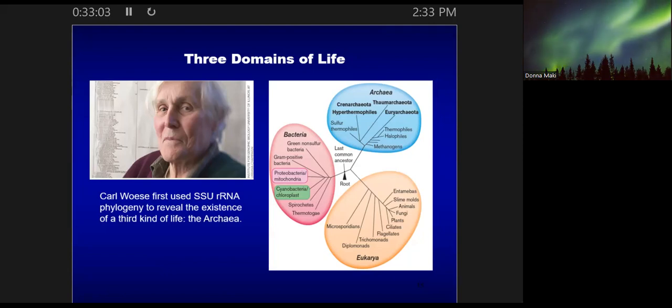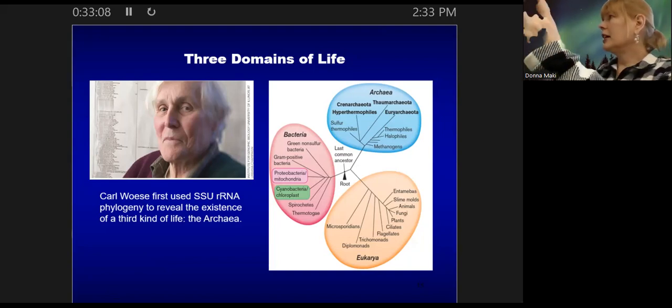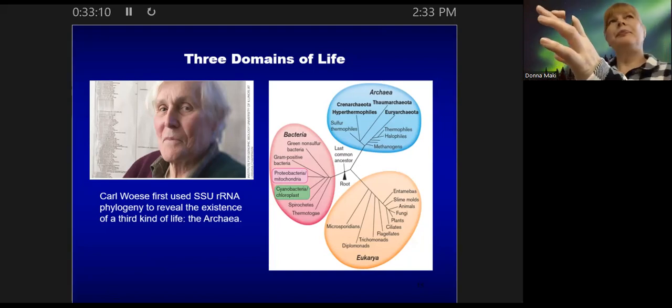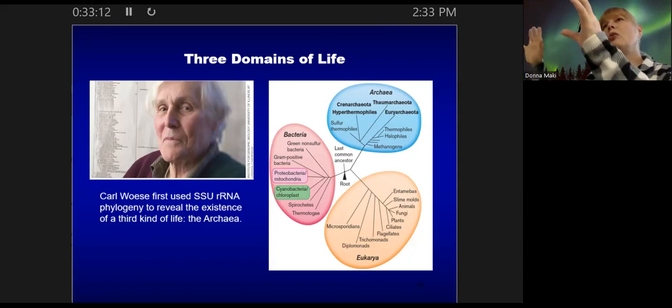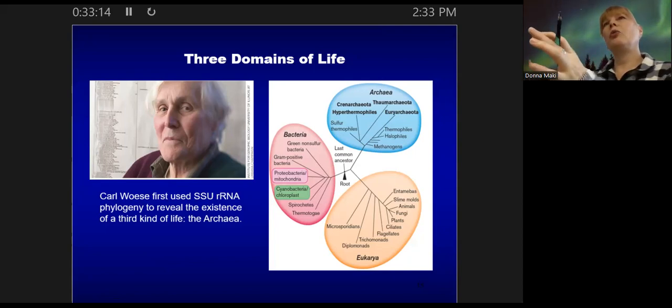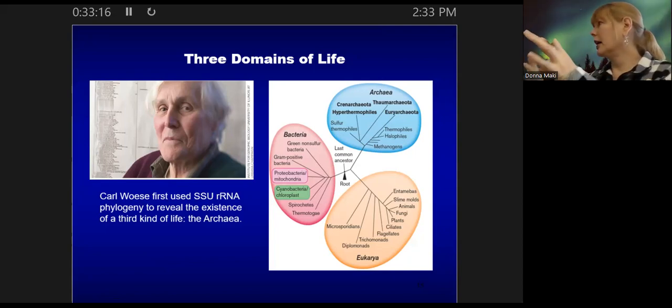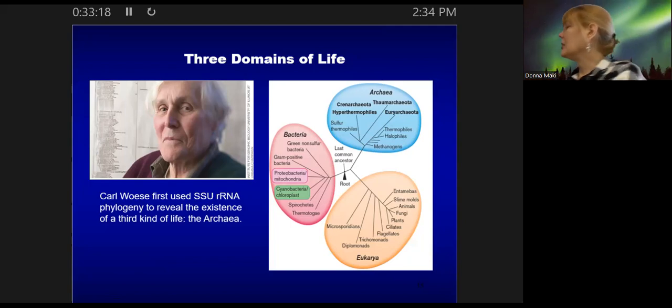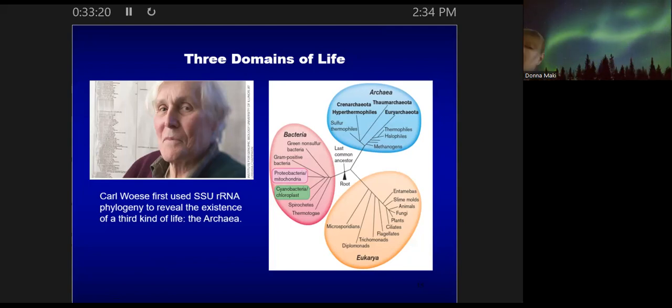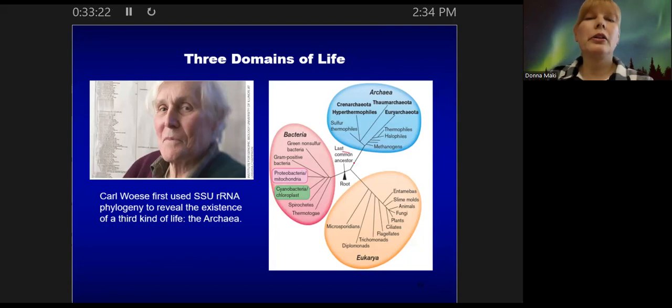Of course, we belong in the eukarya. But the bacteria and archaea, those are microbial, and they're prokaryotic. So we're eukaryotic, they're prokaryotic, right? And then you can see the last common ancestor on there as well, and then the deviation out, speciation.